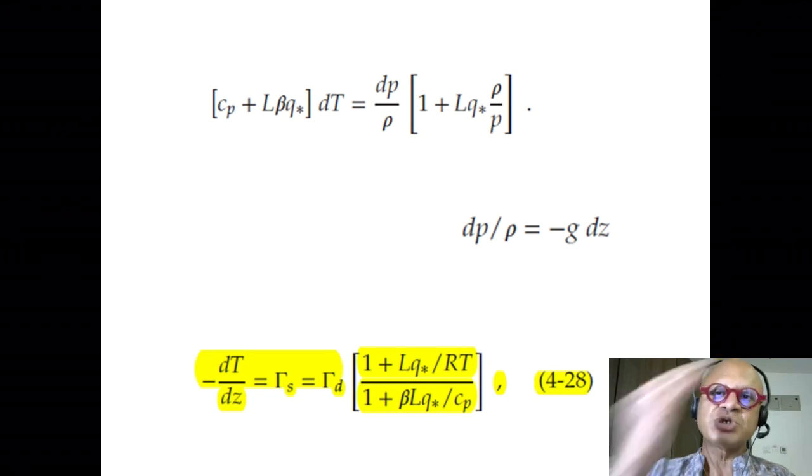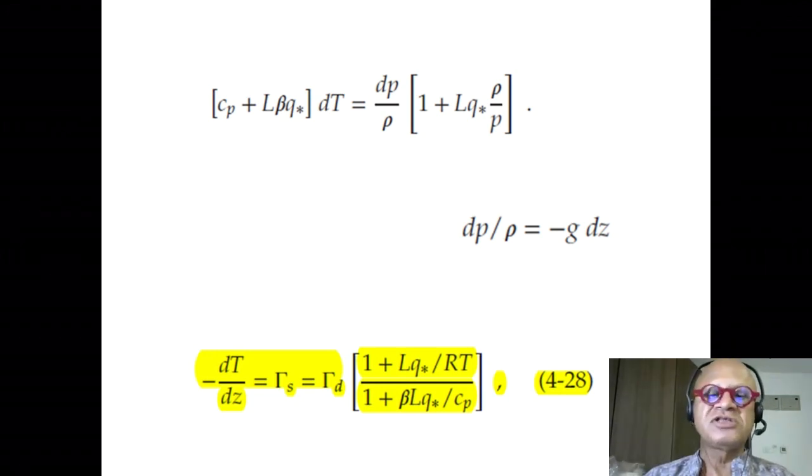Why? Because temperature decreases with height, so we put the minus sign over there and make it gamma s, which is the saturated adiabatic lapse rate.